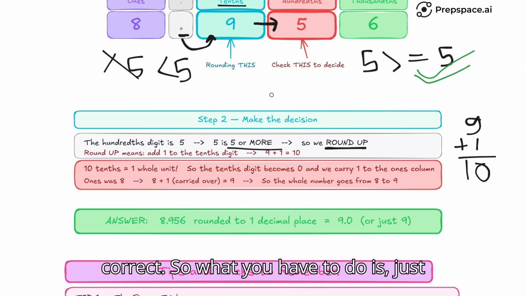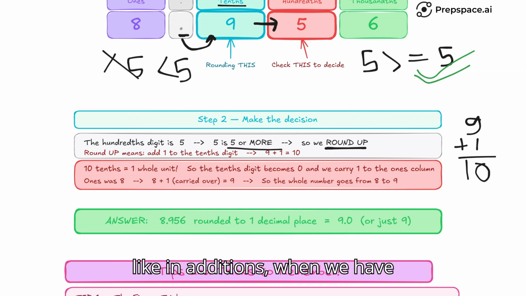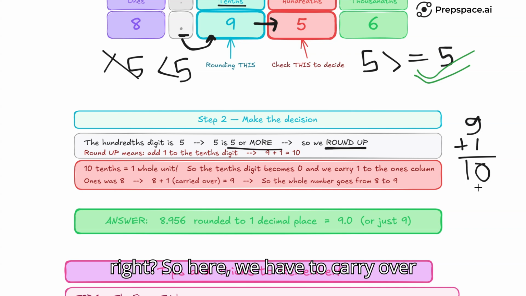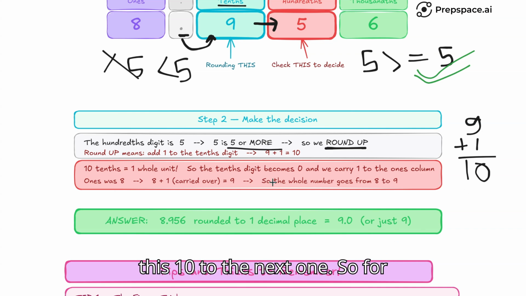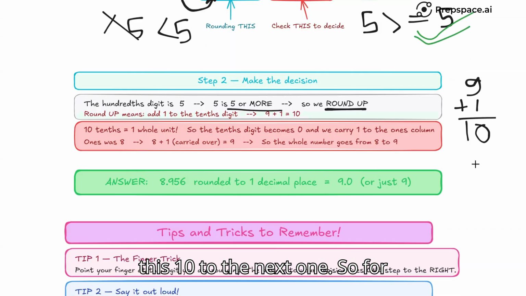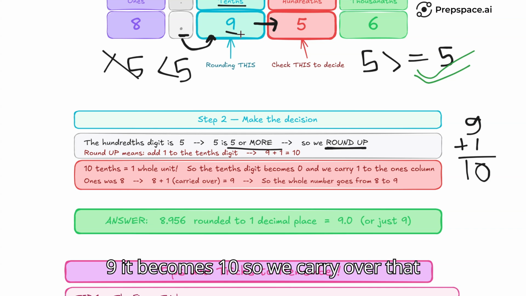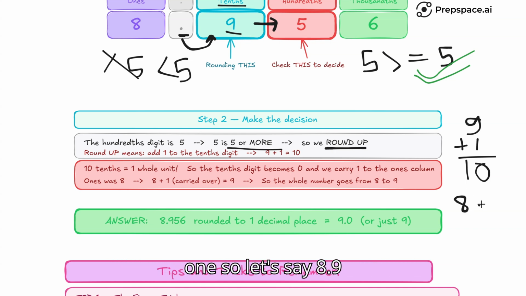What you have to do is, just like in addition, when we have an extra digit, we carry over. So here we have to carry over this 1 from the 10 to the next column. So for example, when we have this 9, it becomes 10. So we carry over that 1. So let's say 8.9.